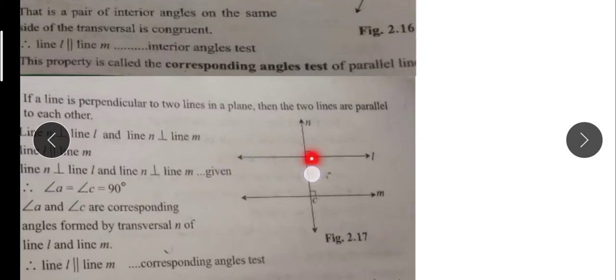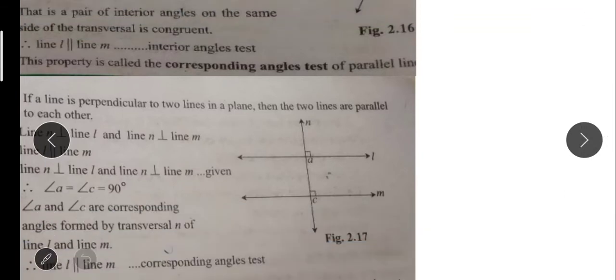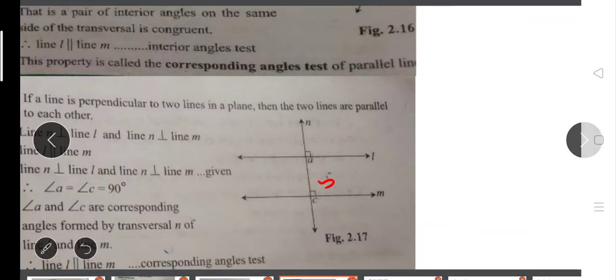Listen students, we can show it another way also. Taking this A with this B, now A plus B is 180 because A is 90 and B is also 90. A plus B is equal to 180, but it is an interior angle pair. And what is formed here?